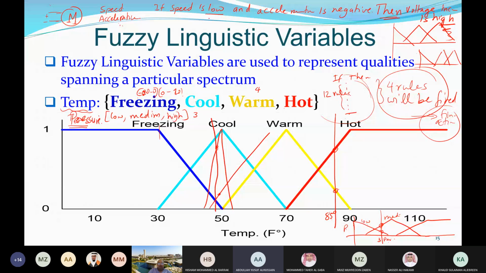But my question, how is it different from the normal or traditional if-then rules? What are the traditional if-then rules? For example, for the speed, if it is less than a certain number, then do something and so on.